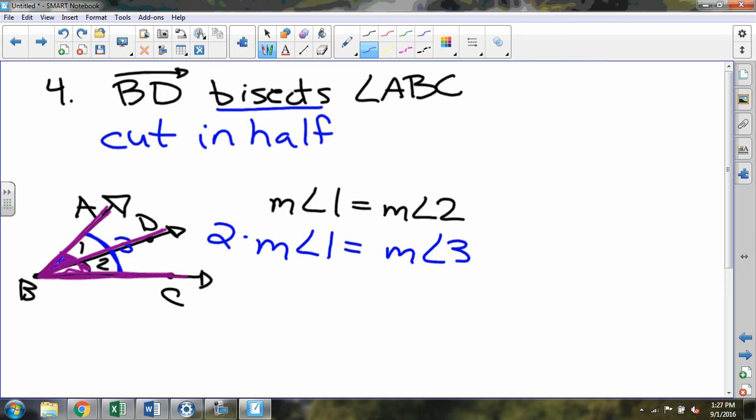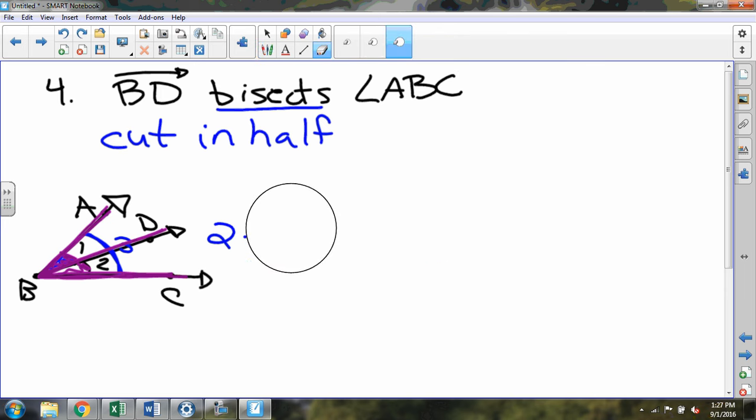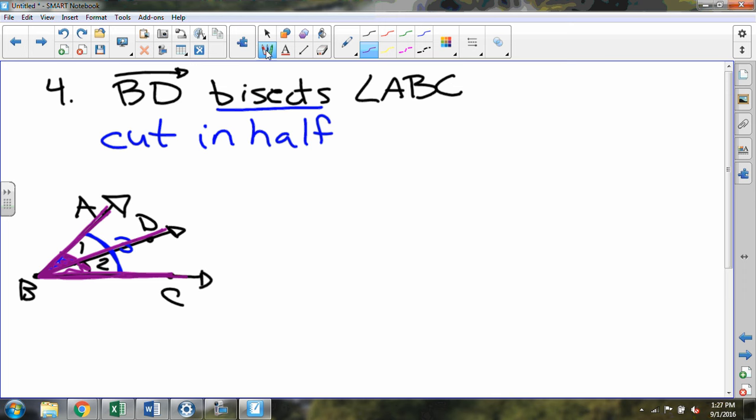Thus, to build the equation, and I'm going to erase to create some space here, we have the measure of angle ABD is 7x minus 1. The measure of angle DBC equals 4x plus 8. Now we have to solve. We'll put our x's together, combining the like terms.